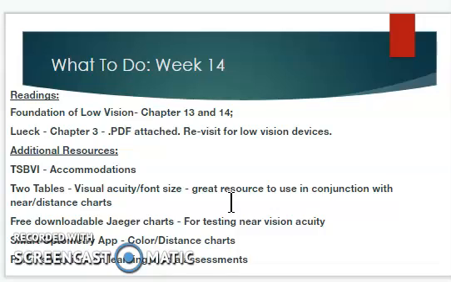You can't give a 20/80, 20/90, 20/200. You need to convert it to a font size. So these tables will help you do that, similarly for near acuity and distance acuity. This is a great resource to use in conjunction with near and distance charts.